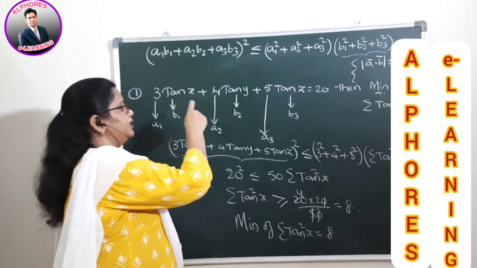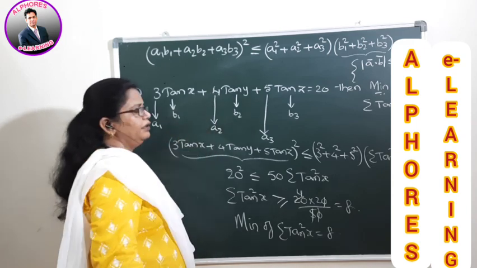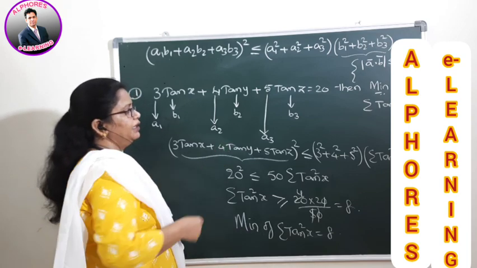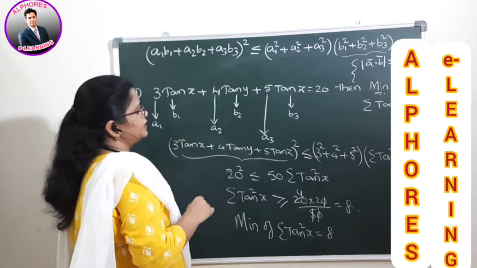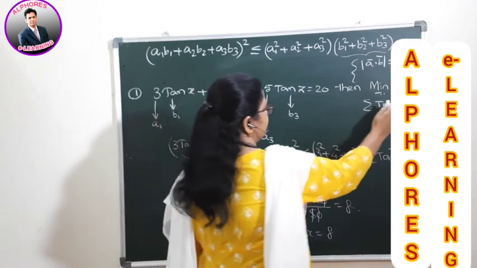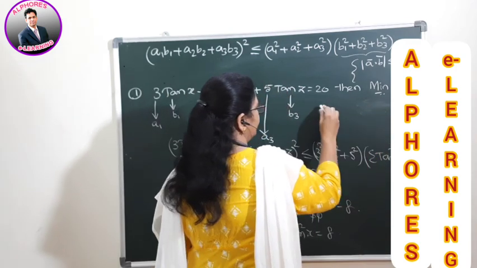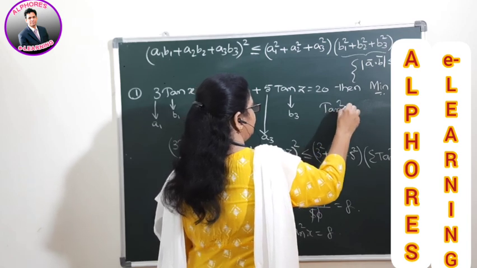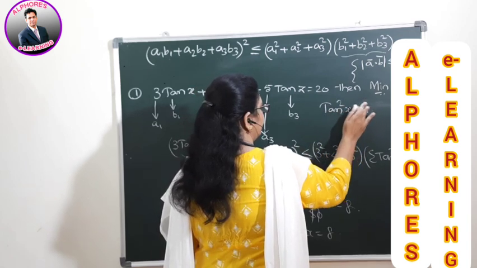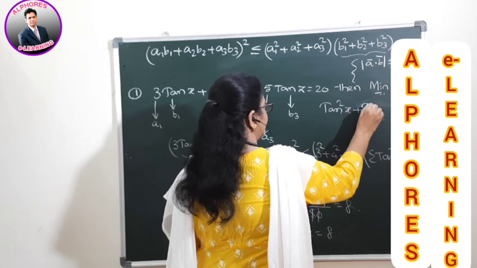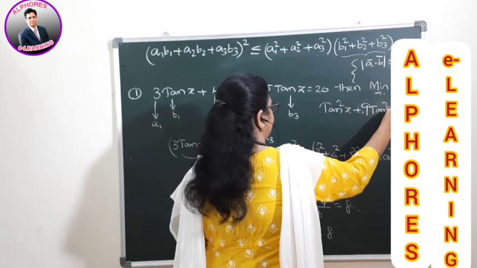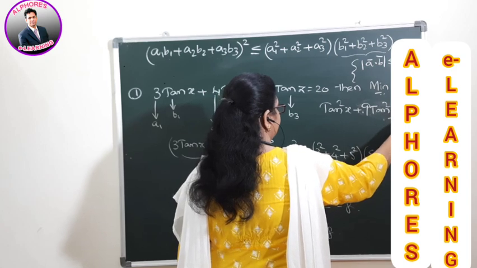Sometimes, students, 4 tan y is given, but they may not ask directly for sigma tan square x. They may ask, suppose, what is the minimum value of tan square x plus 9 times, or some other value, let us take 9 tan square y, and plus tan square z.